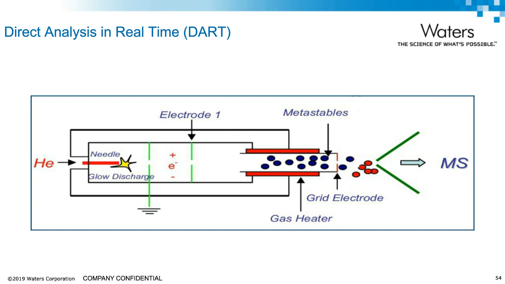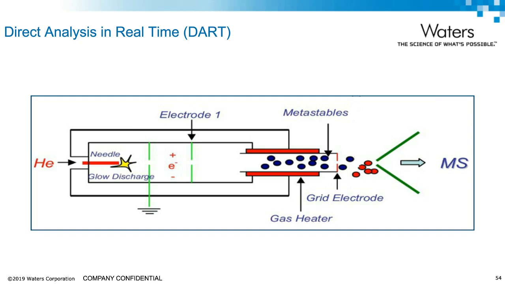A heated gas containing those metastables exits the source and heads towards the inlet of the mass spectrometer. The sample of interest is placed in that region for analysis. Ions are formed by interaction of the metastables with the sample. The heated gas also assists in desorption of the molecules from the sample target.